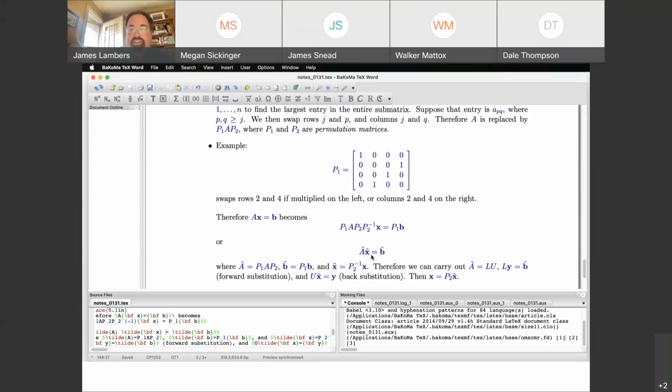But I don't want x tilde, I want x. So I use this relationship rearranged here to get x. All I end up doing is rearranging components of the solution of a modified problem to get my solution to the original problem.